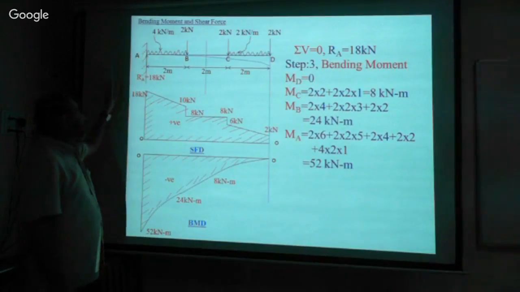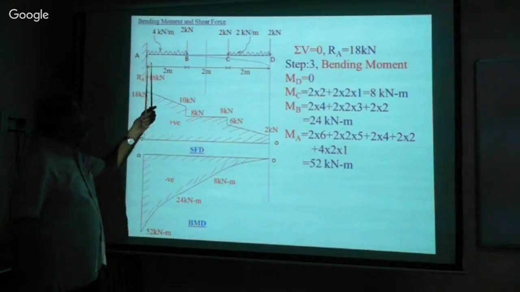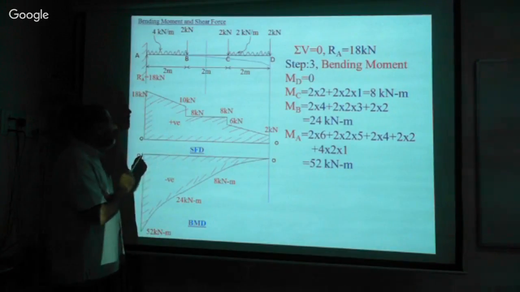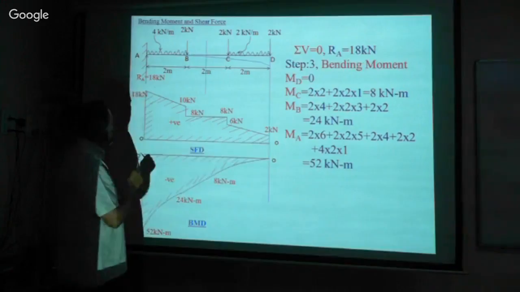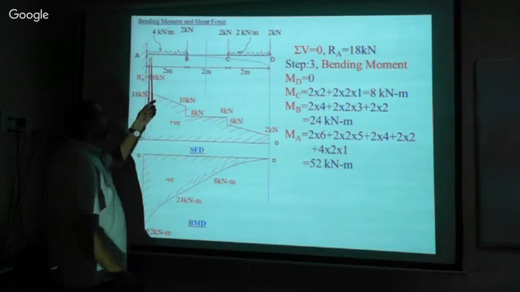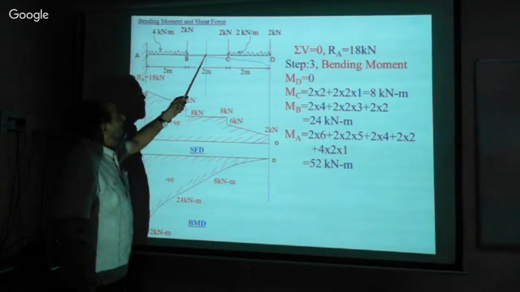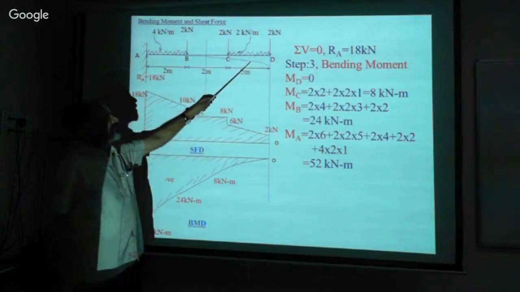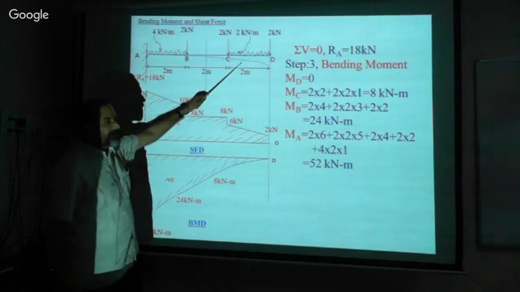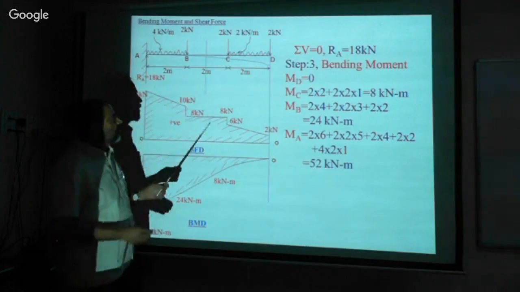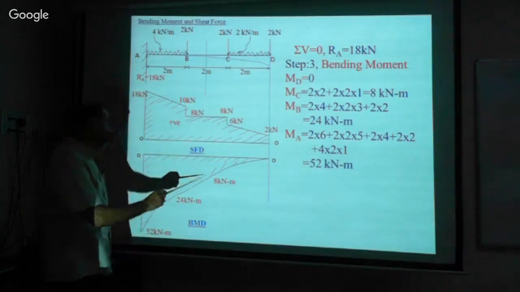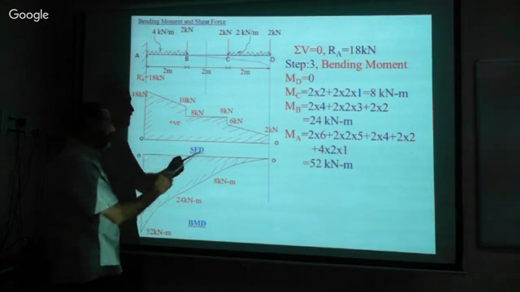Isn't it? And then, to plot the bending moment diagram, always take a reference, that is 0. According to our sign convention, this is hogging bending moment, a negative bending moment. Since it is negative, we need to draw the bending moment diagram below the reference line.